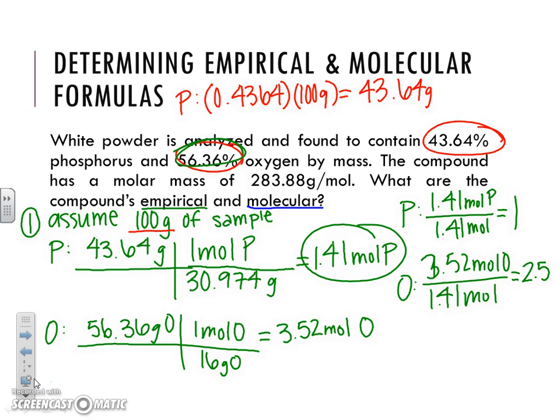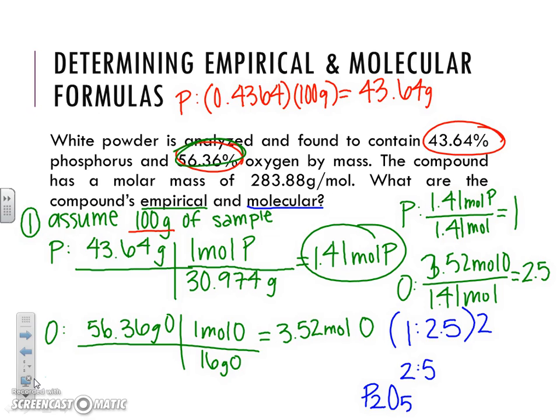So now I still don't have a perfect whole number ratio, but I can see that I have 1 to 2.5, which, if I multiply both sides by 2, becomes 2 to 5. So that means for every 2 phosphorus, I'm going to have 5 oxygens.